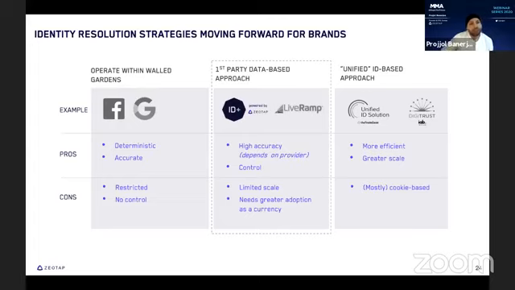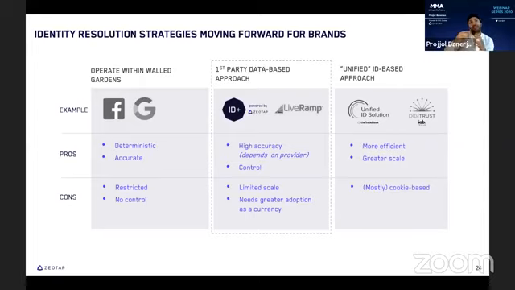So that brings us to the category in the middle, which is the unified or universal ID that's based on first-party data. And I've cited two examples here: a company called LiveRamp based in the US, and of course our own ID, ID Plus at Zeotap, because we like to believe that the best way to predict the future is to create it.